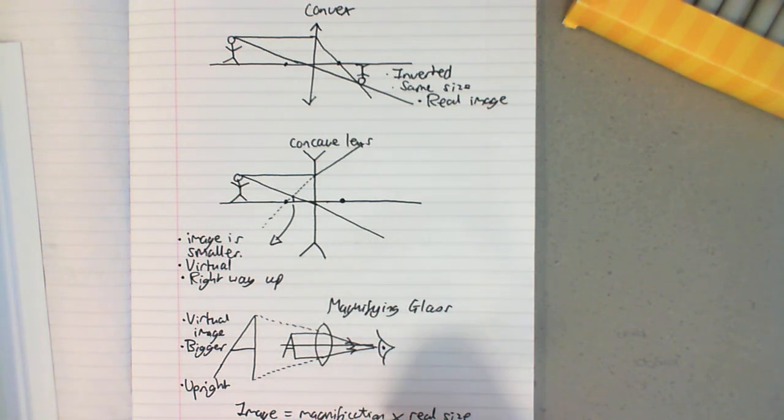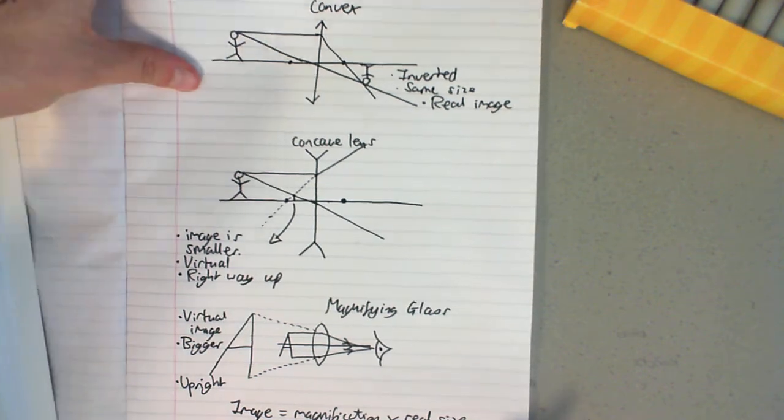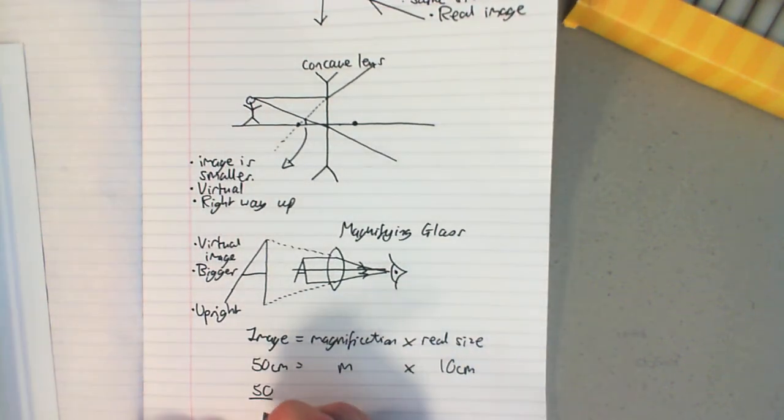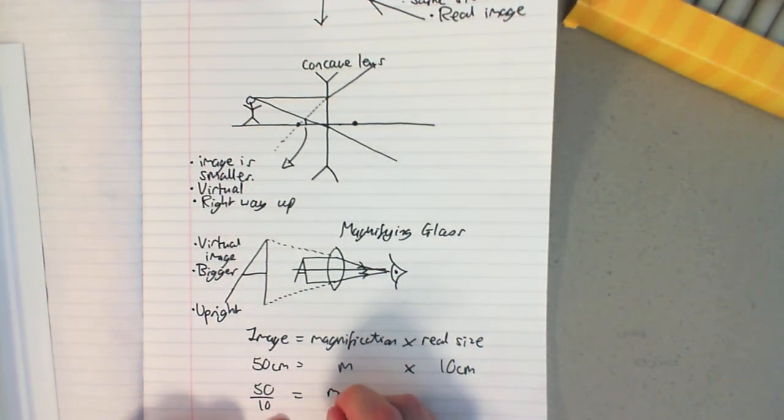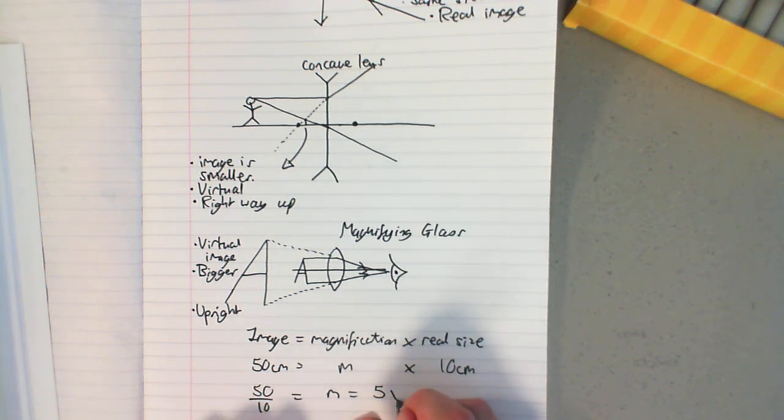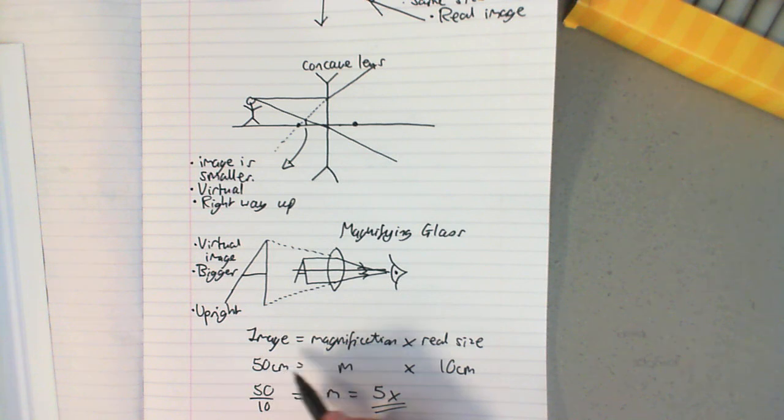What's the magnification? Well, the opposite of times 10 is divide by 10, so you get 50 divided by 10 equals our magnification factor, which equals 5. It's got 5 times bigger, which makes sense. We've gone from 10 to 50, that's 5 times bigger.